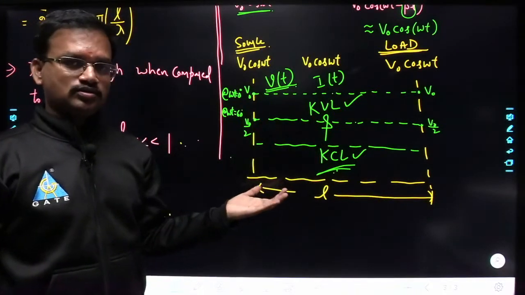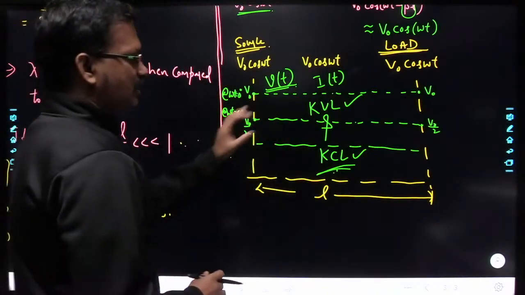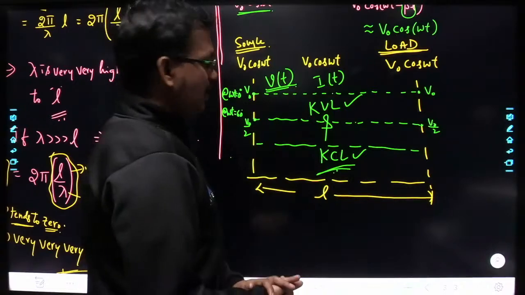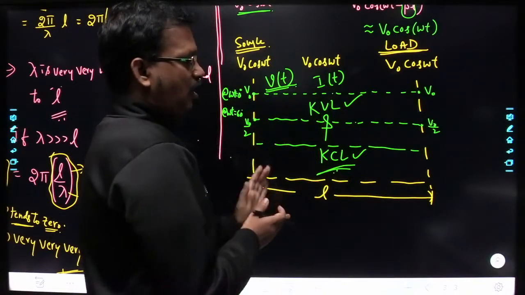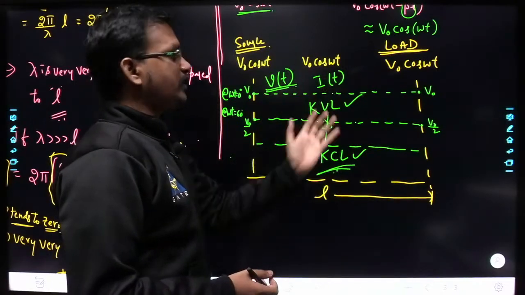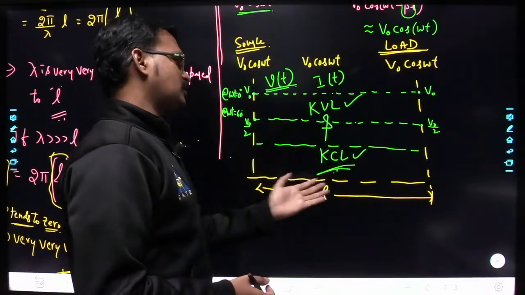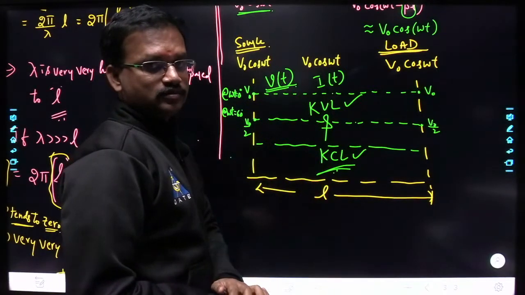So KVL and KCL are valid, and the voltage and currents are not functions of length. They are functions of only time. We can ignore the variation of these voltages and currents along length.